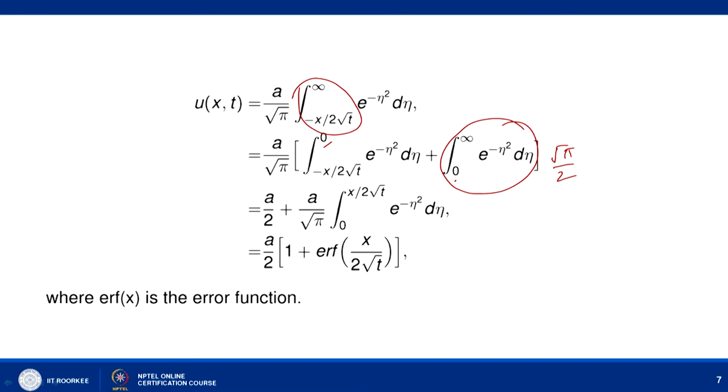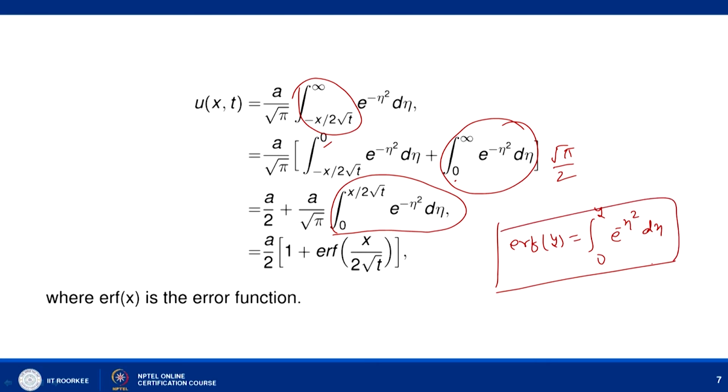So, using this value, this can be written as a upon 2 plus a upon root pi integral from 0 to x by 2 root t e to power minus eta square d eta. Now, this expression is given as the error function of x upon 2 root t, where the error function of y is the integral from 0 to y of e to power minus eta square d eta. So, using the expression for the error function, we can write our u of x, t as a by 2 times 1 plus error function of x upon 2 root t.